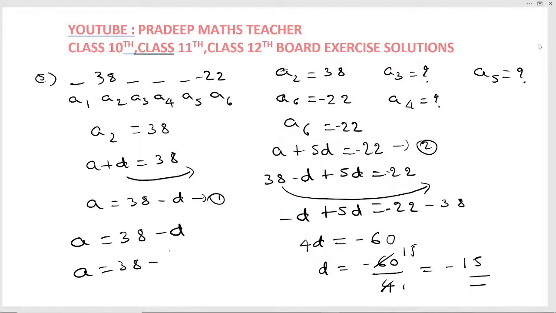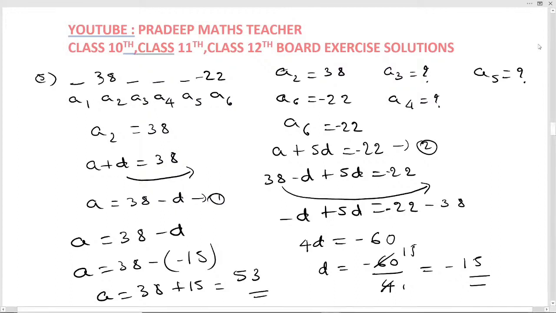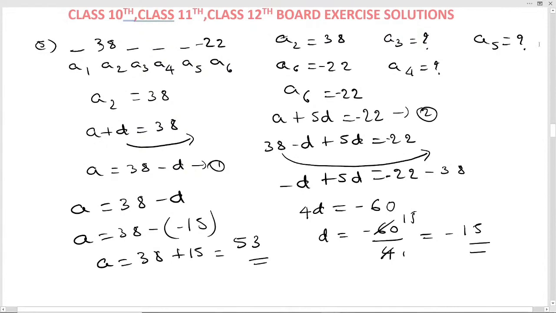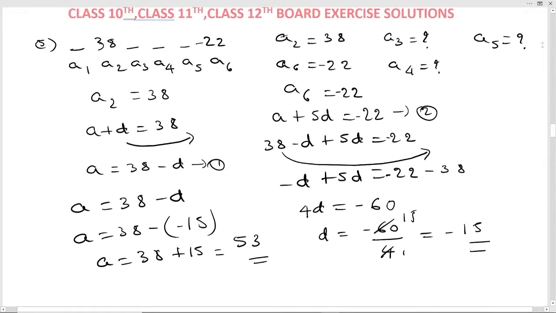So minus of d is minus 15, so a equals 38, minus into minus is plus 15. Now just add this, so 38 plus 15 is 53. Now you got the a value as well as the d value.